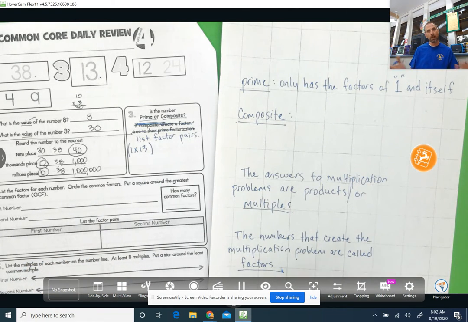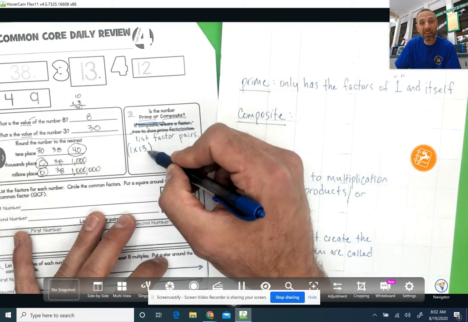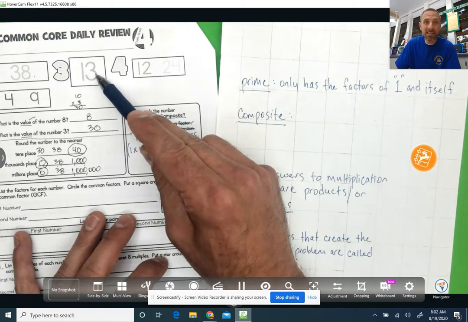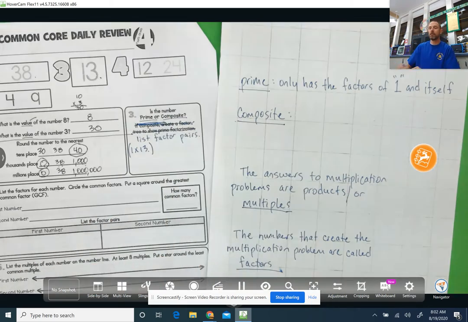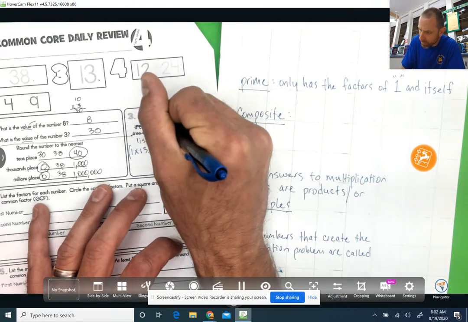Commutative property says that they are the same. So the only factor pair that makes the number 13 is 1 times 13. That means that the number 13 is prime. So is the number prime or composite?